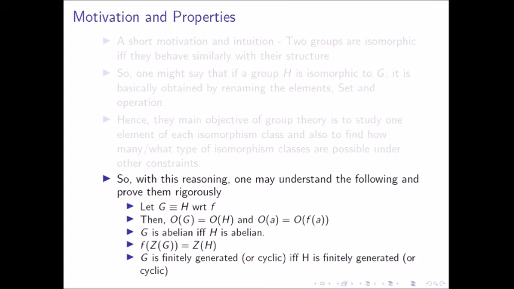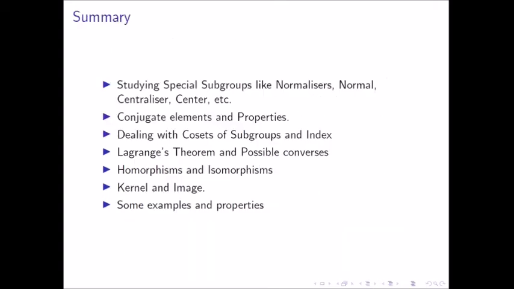And if G is cyclic, then H is cyclic and vice versa. The cyclic part has already been proven to some extent. We have shown it for infinite cyclic groups, and the finite group proof is similar, but still go through it once. So before we proceed further, let's summarize what we did.